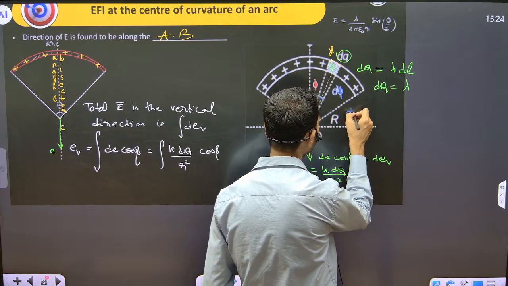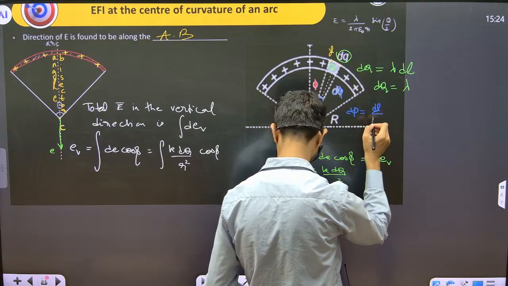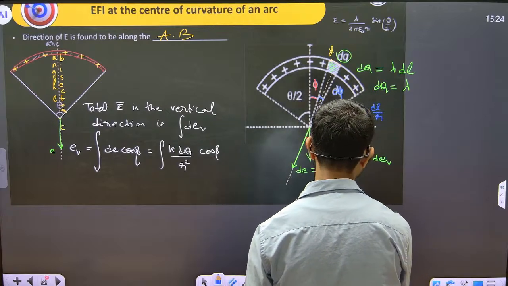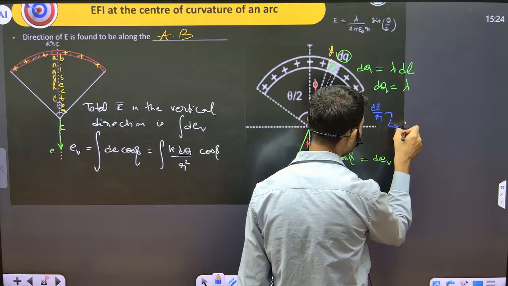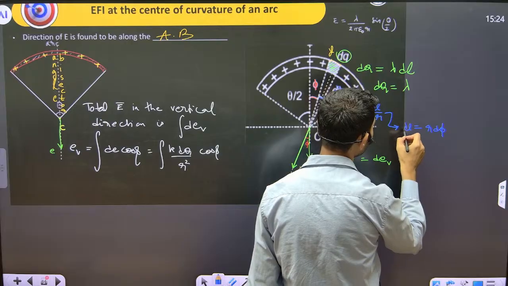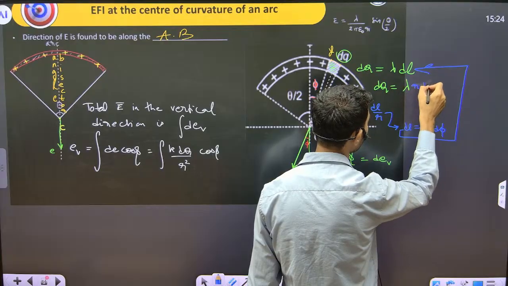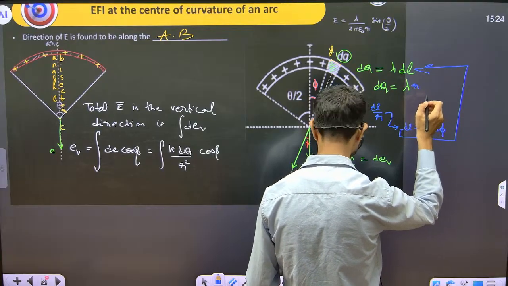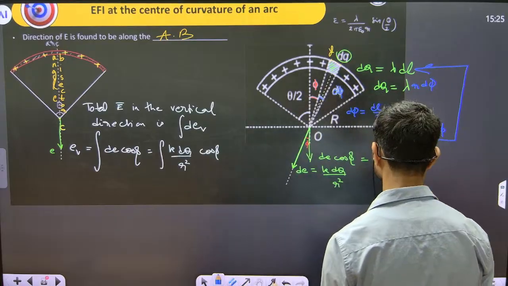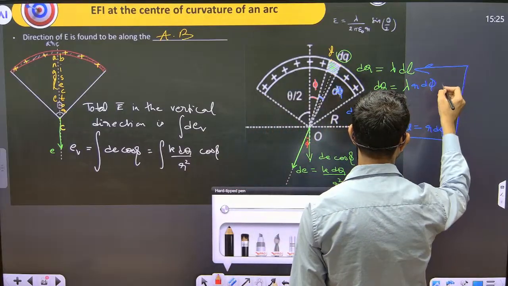So I can write d phi equals to L upon R. L is the arc length, which is dl upon R. So from there, I get that dl is equal to R d phi. And that value of dl, I can substitute here, so dq is equal to lambda R d phi. That's what I'm getting. Calling it equation number 1.